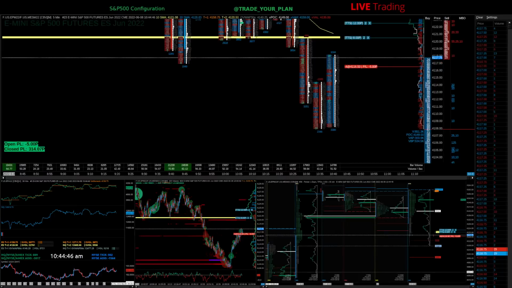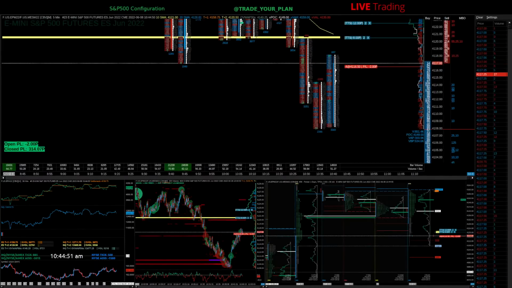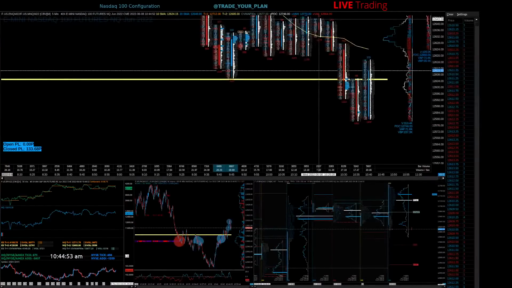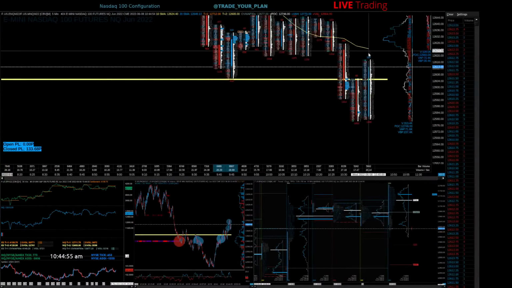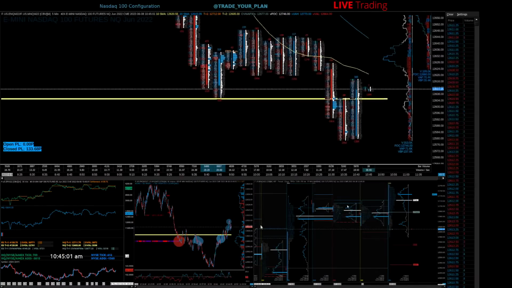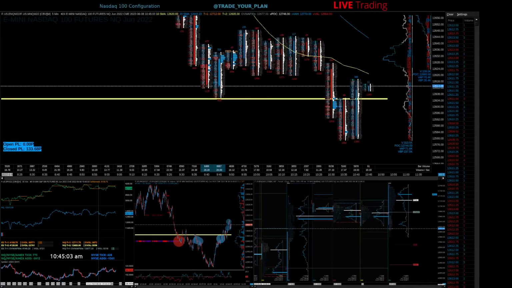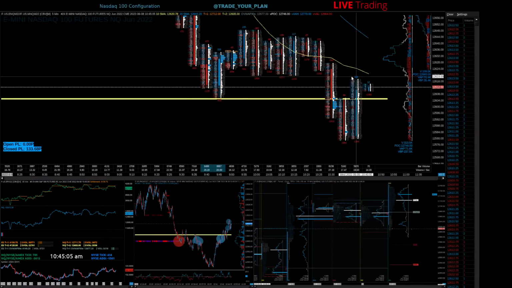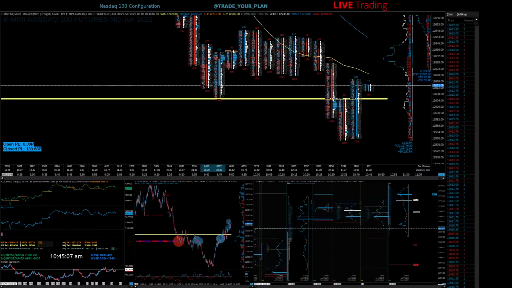Let's go back to the NQ. See where it's at. NQ likes to go take stops out. But, yeah, I like it. Let's see. A little higher, right into 620.